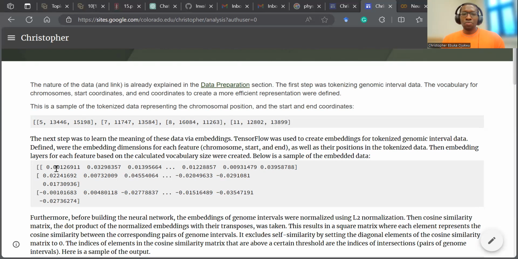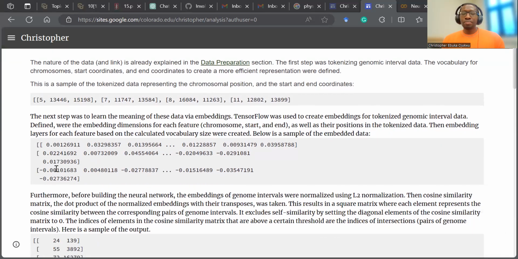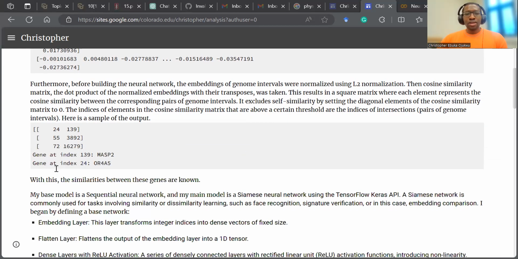Because the goal of what I'm going to use it for is, instead of outrightly finding the intersection between one gene or another gene, I find similarity, how similar two genes are to each other.